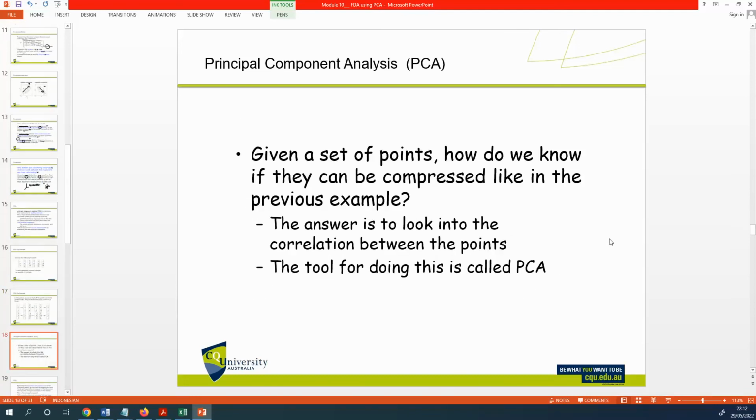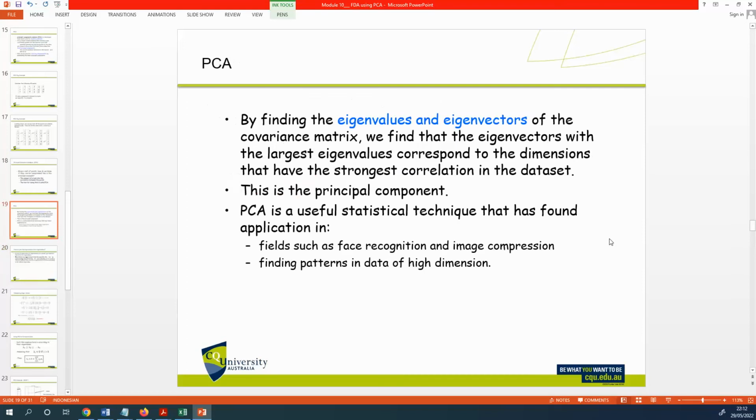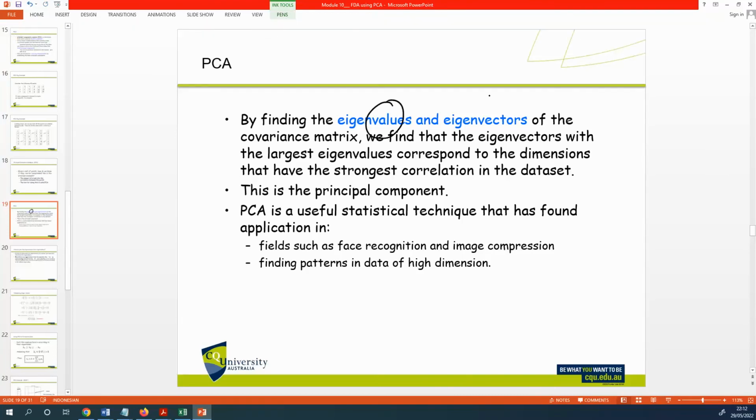In calculating the PCA, we need to find the eigenvalues and eigenvectors. By finding the eigenvalues and eigenvectors of the covariance matrix, we find that the eigenvectors with the largest eigenvalues correspond to the dimensions that have the strongest correlation in the dataset.